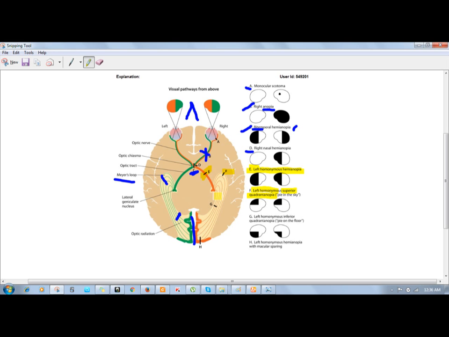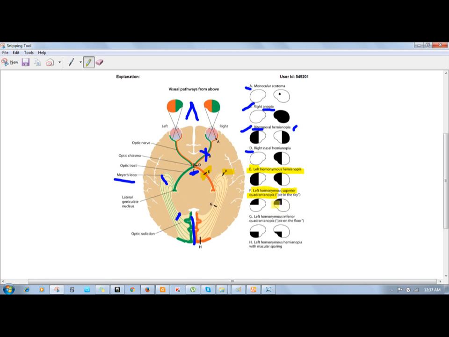And not only that, if we go one step further, the right Meyer's loop is for the upper part of the visual field of both eyes on the left side. Meaning that for the left eye we'll lose the superior quadrant of the temporal visual field, and for the right eye we'll lose the superior half of the nasal visual field, and that is the left side.